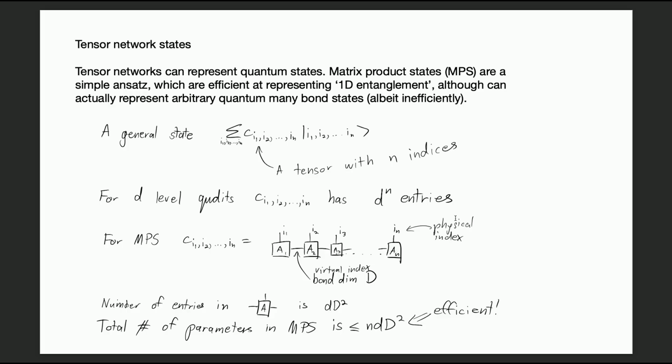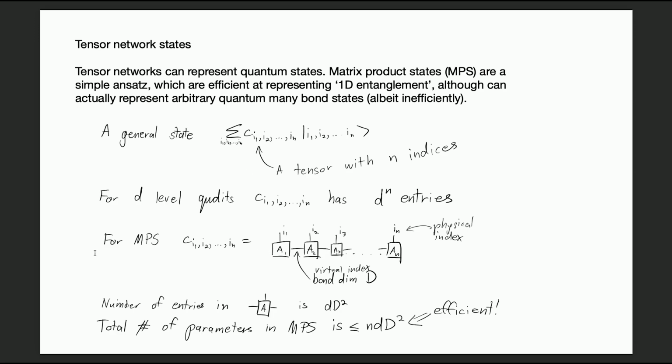So the idea of tensor network descriptions of quantum many-body states is to re-express this coefficient tensor in a more efficient way as the contraction of smaller building blocks.